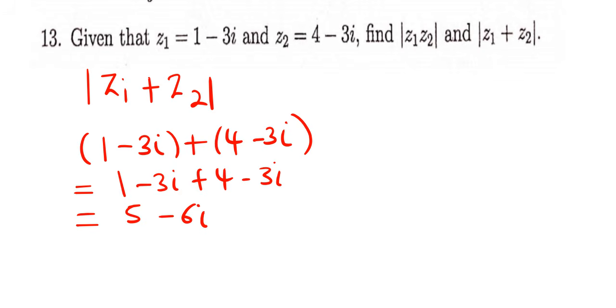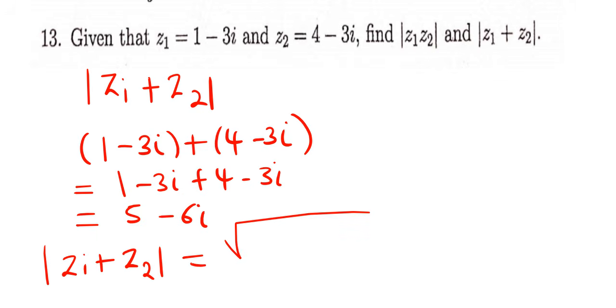Then we find the magnitude for that. So the magnitude for z1 plus z2 would be equal to the square root of 5 squared plus negative 6 squared.